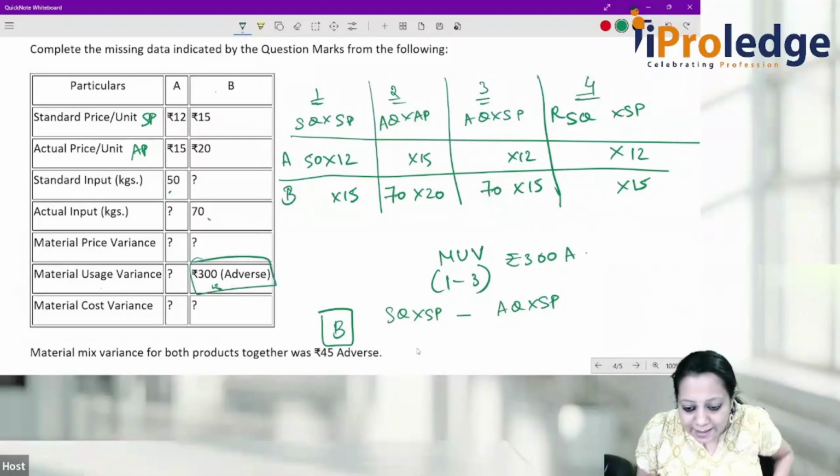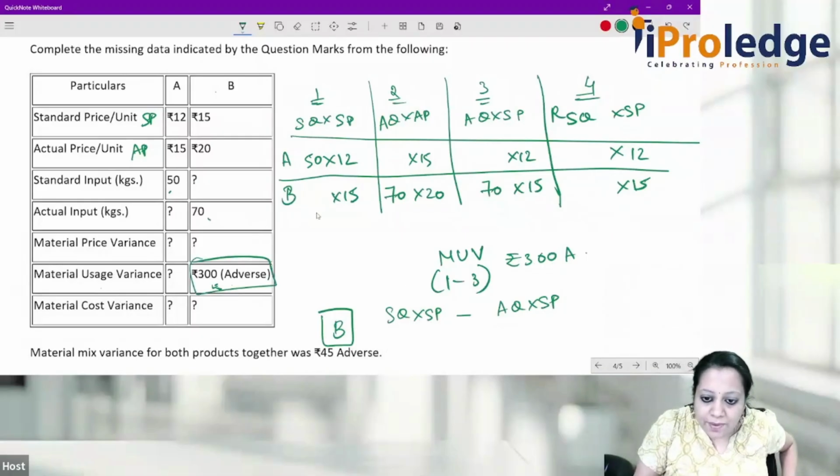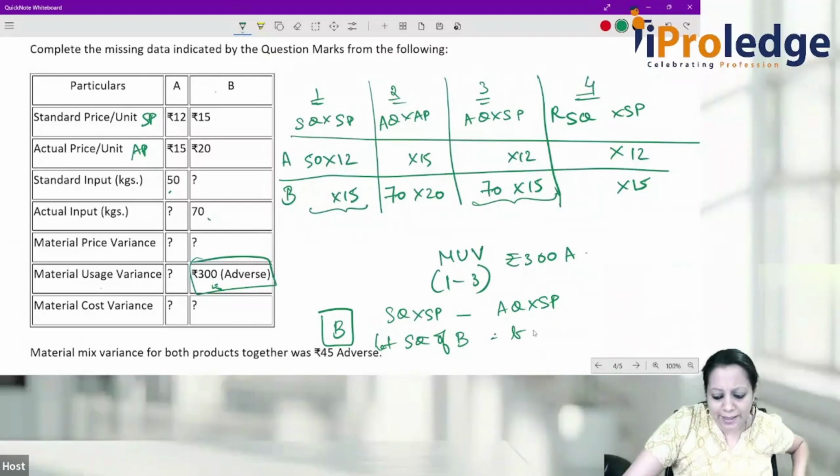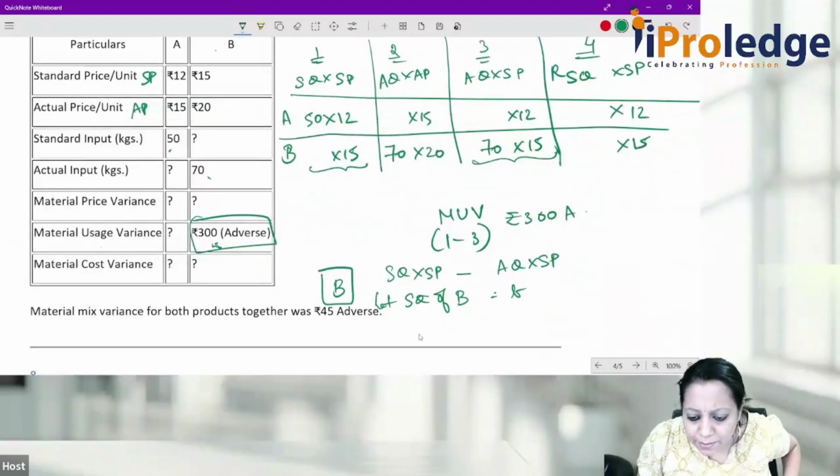Now, what should we do? This is 1 minus 3. So let SQ of B equal to B, or X, whatever you want you can take. So it is going to be B into 15 minus 70 into 15 is equal to minus 300.